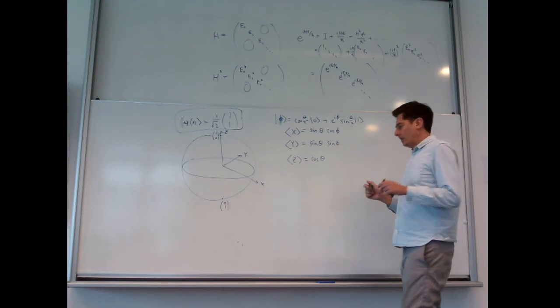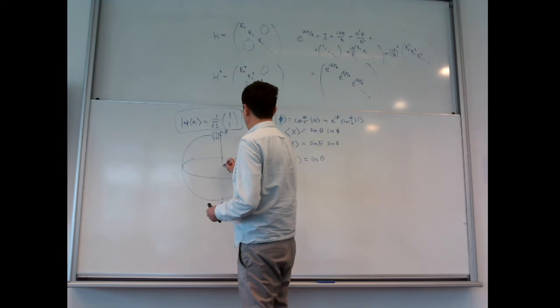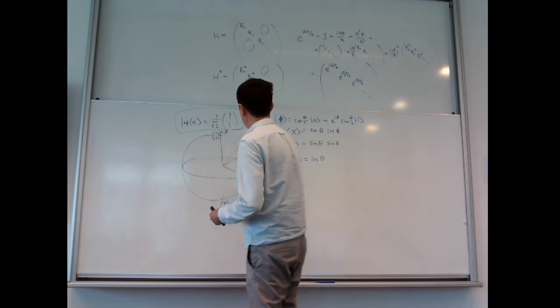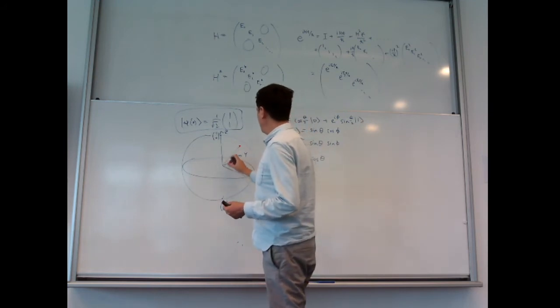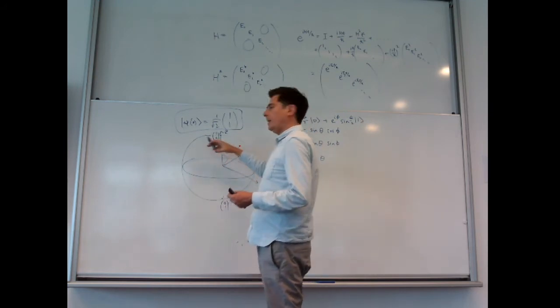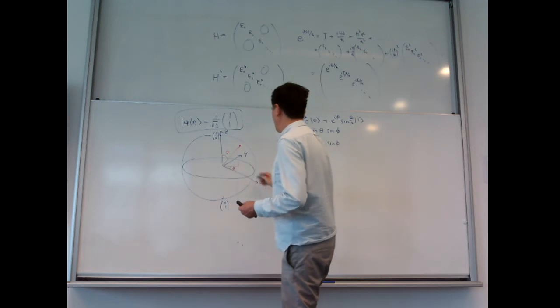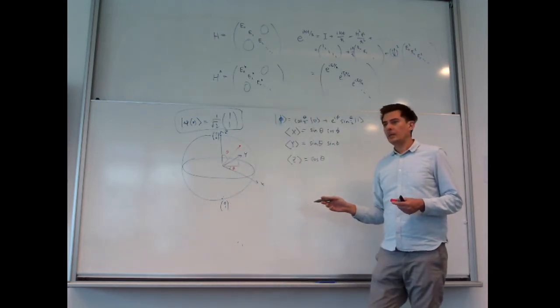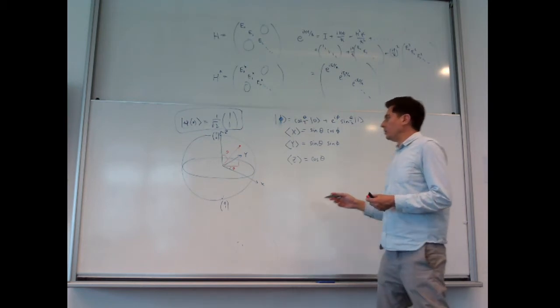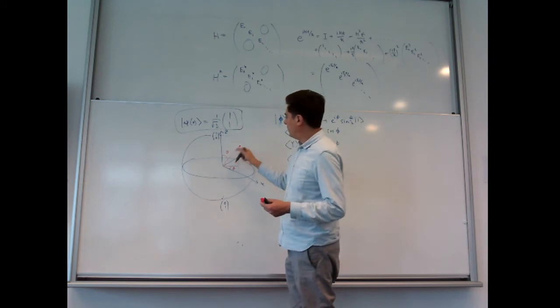So for a general state, in the usual spherical coordinate way, the angle with respect to the z-axis is theta, and then the angle with the x direction is phi, right? Just to match it up with what you're saying before.